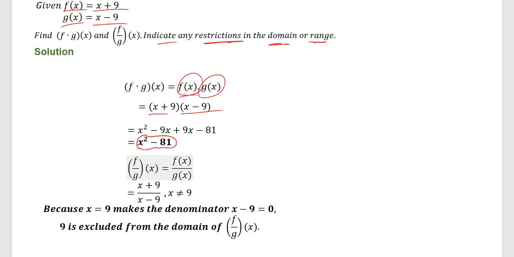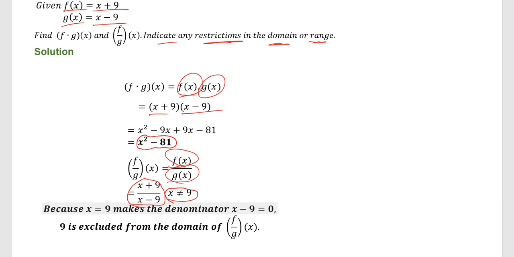For the division, we have f over g of x is just all the terms in f of x divided by all the terms in g of x, which gives us x plus 9 divided by x minus 9, right? So this is the solution, but this solution includes this restriction on the domain.